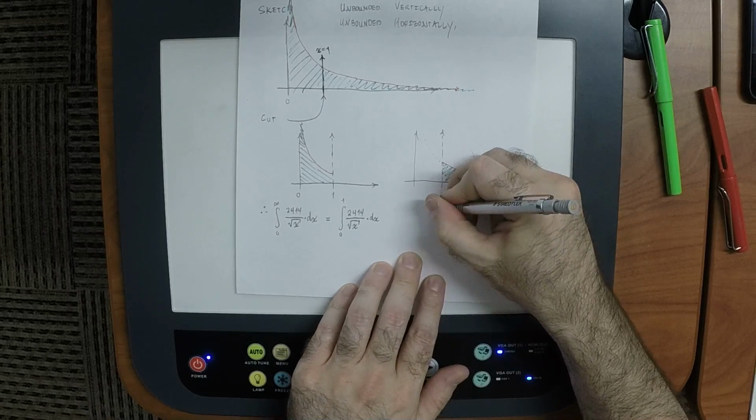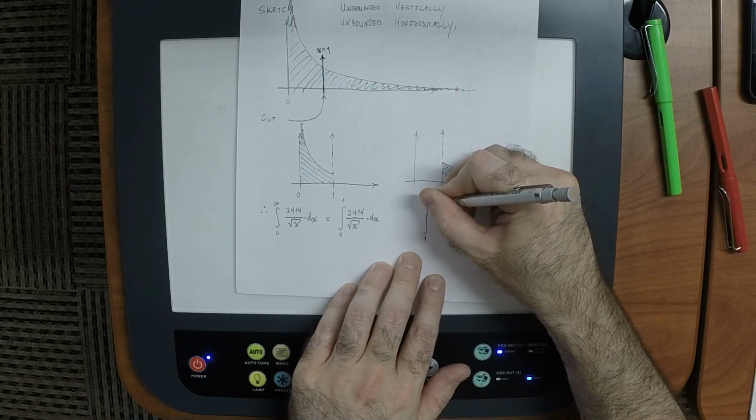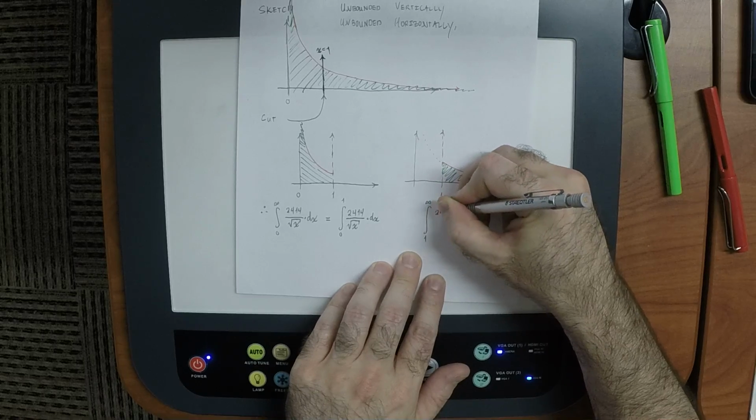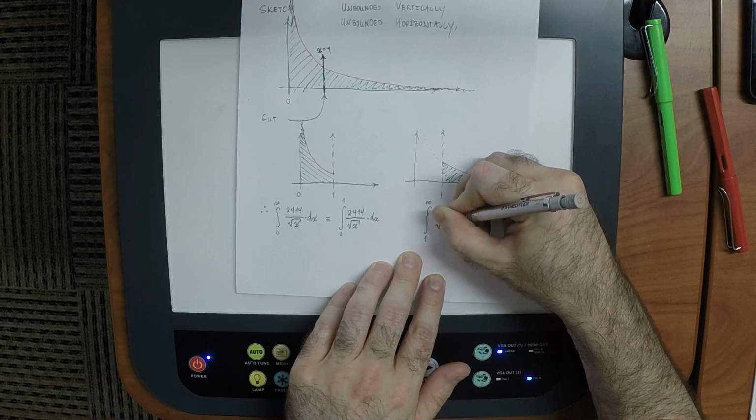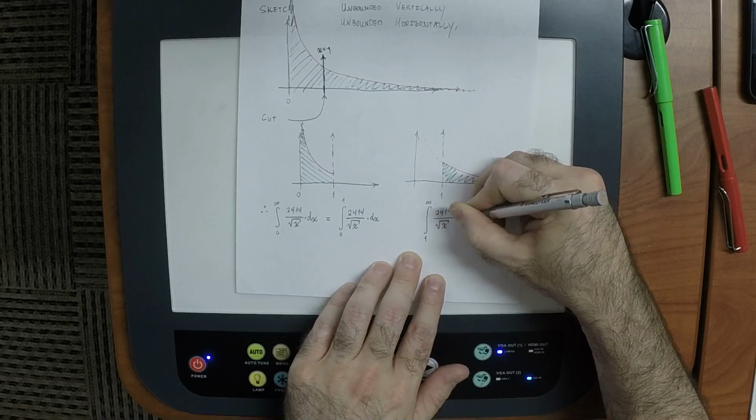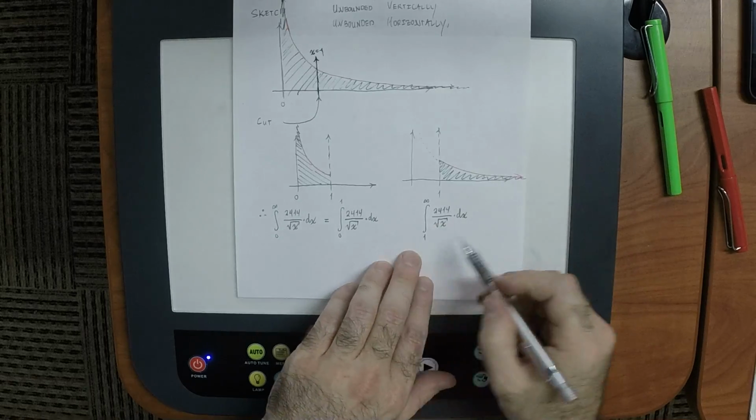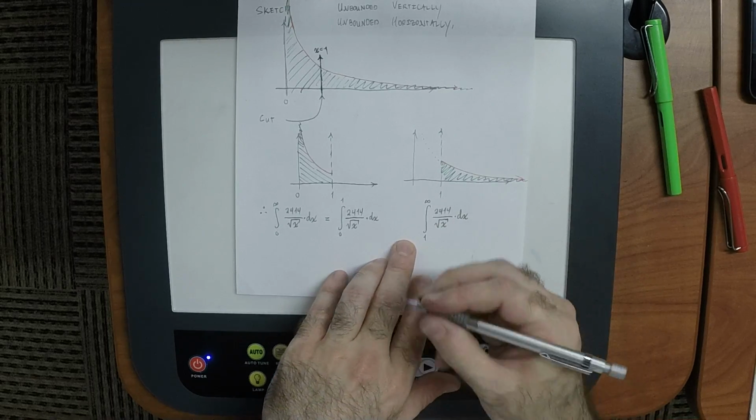Okay, so this one would be the integral 1 to infinity of 2414 over square root x dx, and then what am I supposed to do here? Add them together, right?